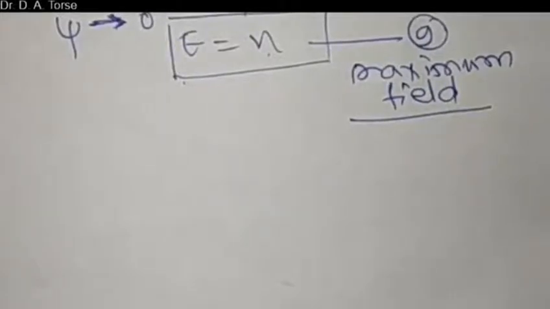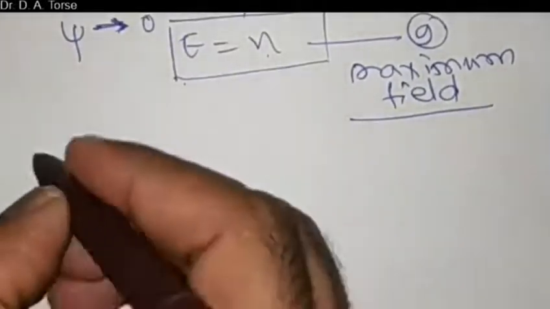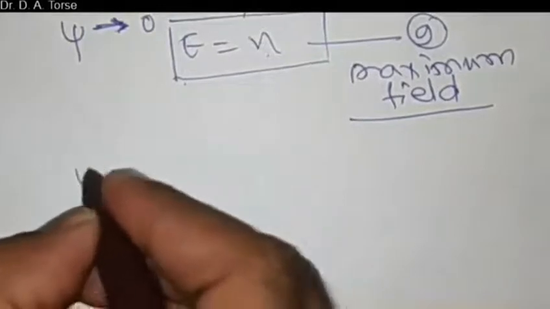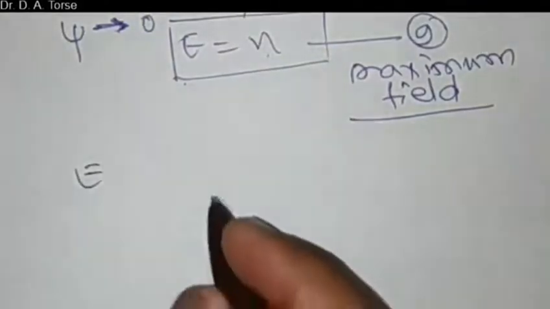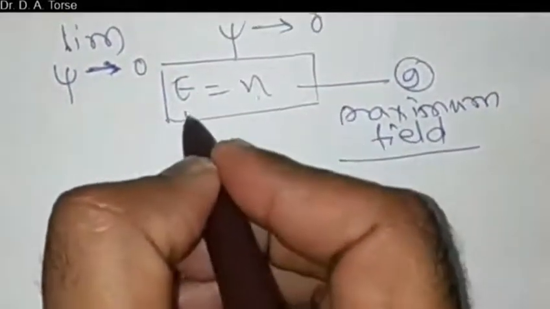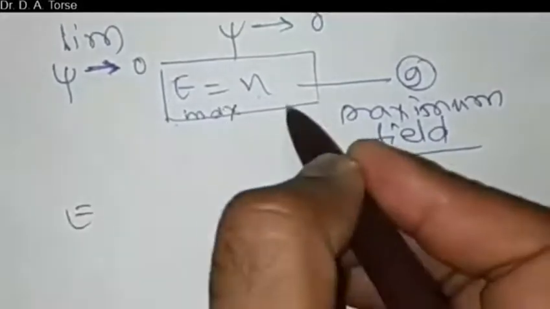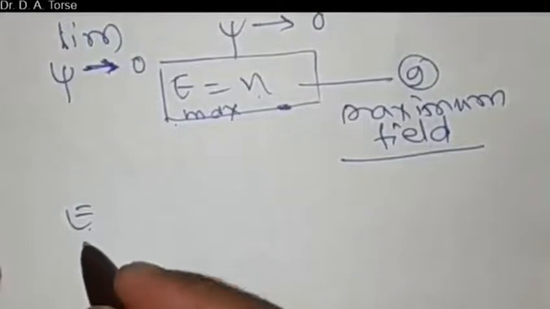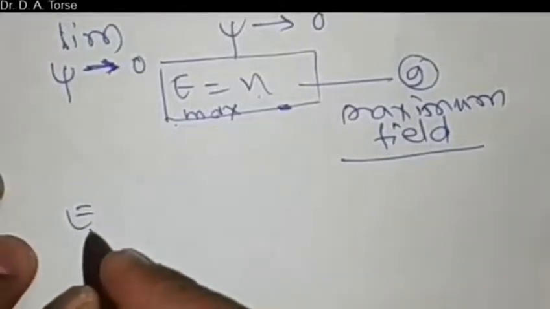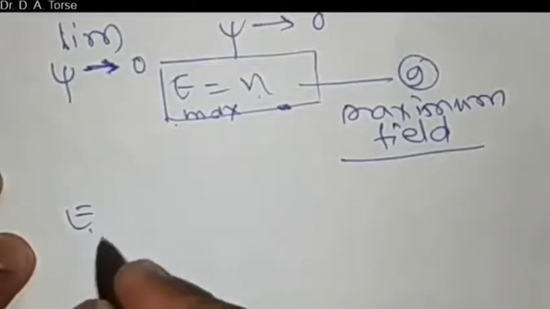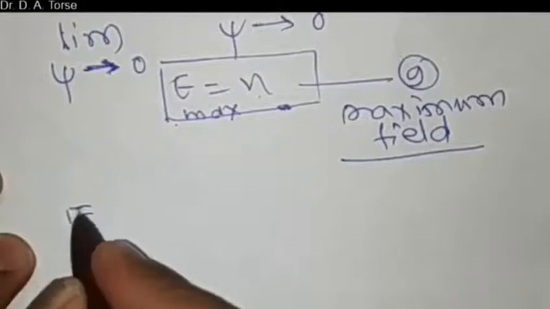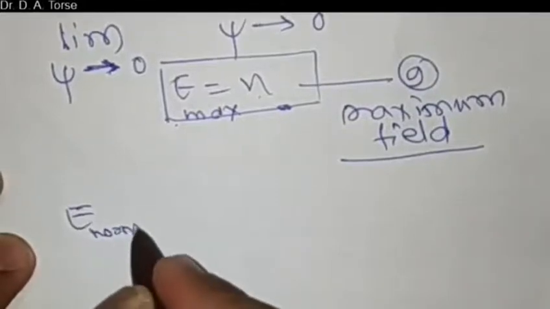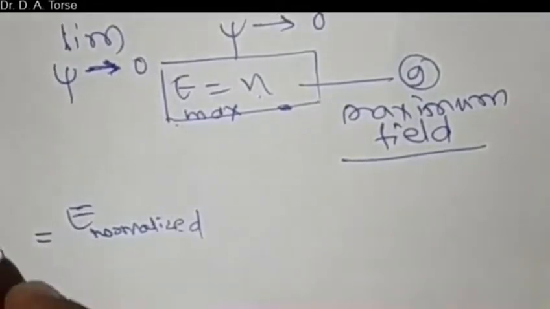Now the task is to normalize this. And you know how we normalize the field? We normalize the field by dividing the obtained field by its maximum value, and the maximum value is n. So the normalized value we obtain is E normalized, or as I have written in my notes, it is E max.